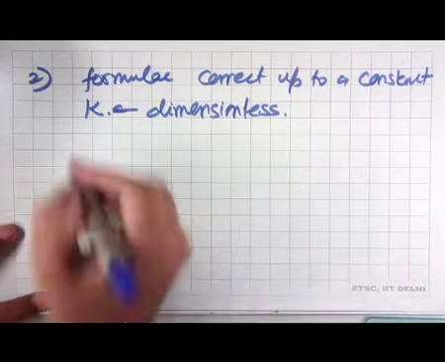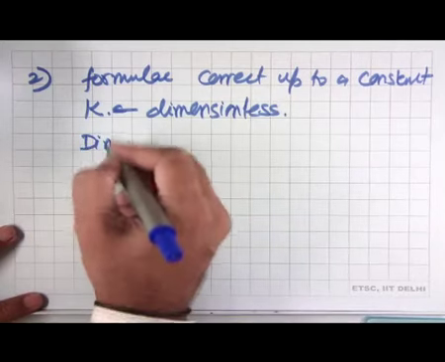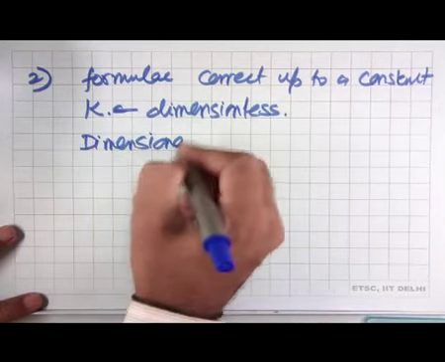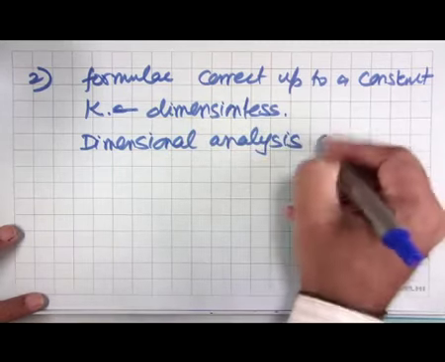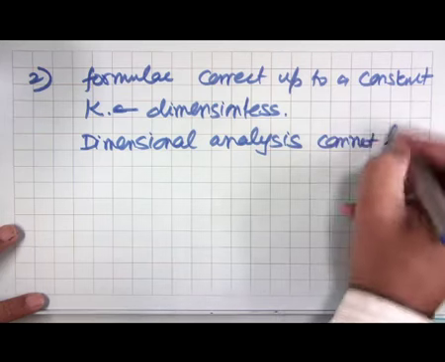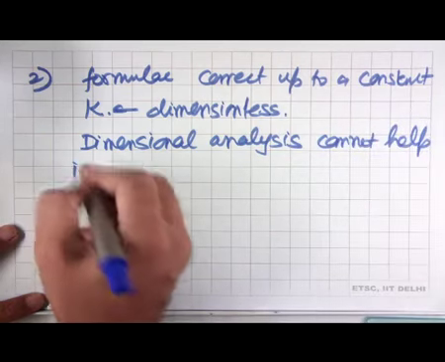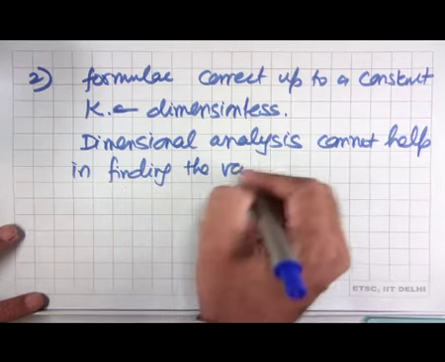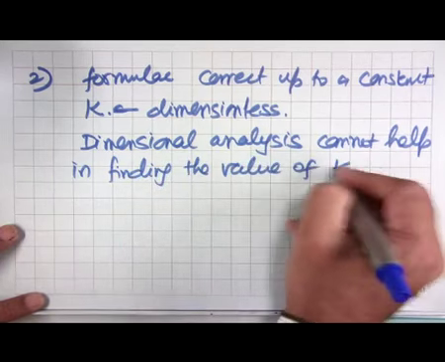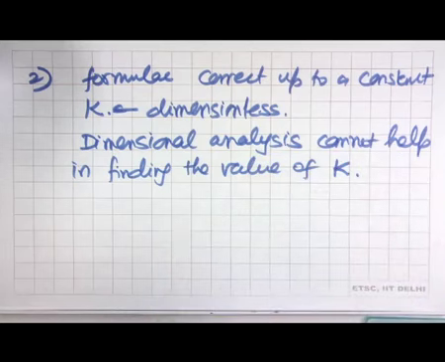Now, dimensional analysis cannot help us in finding the value of k. So, using dimensional analysis, we cannot find the dimensionless constants which come.